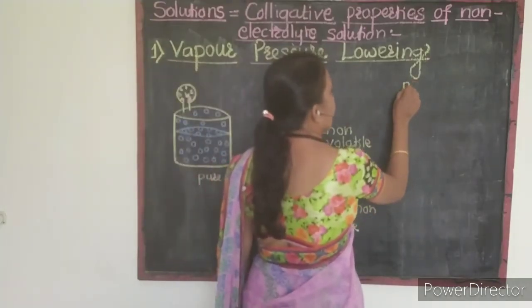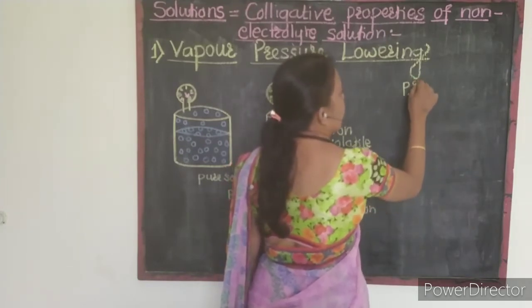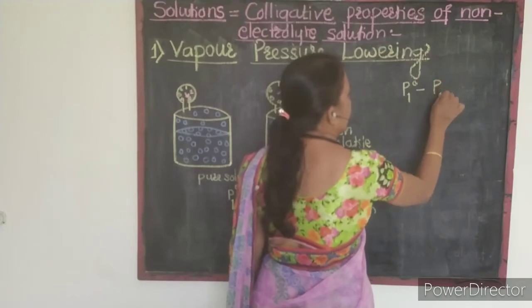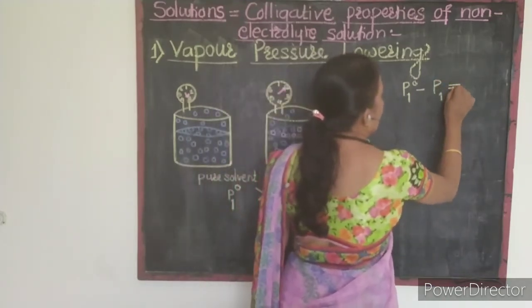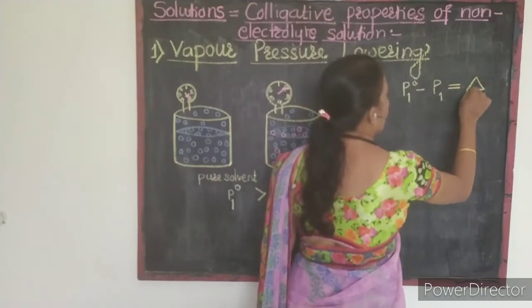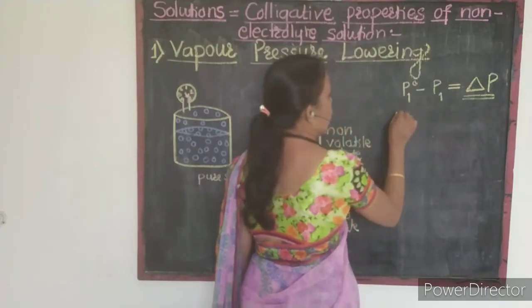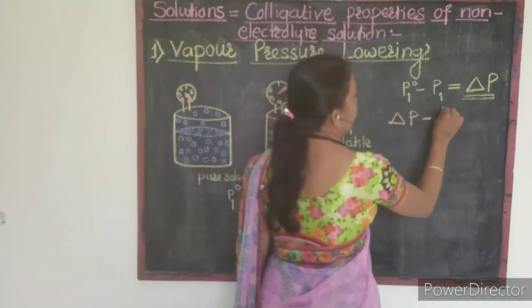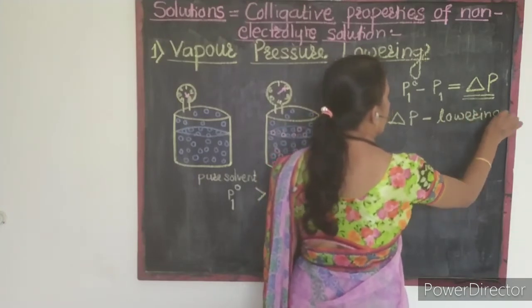We can write P10 minus P1. This is given by delta P, and here delta P is the lowering in vapor pressure.